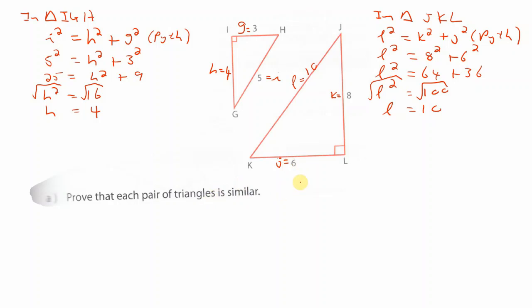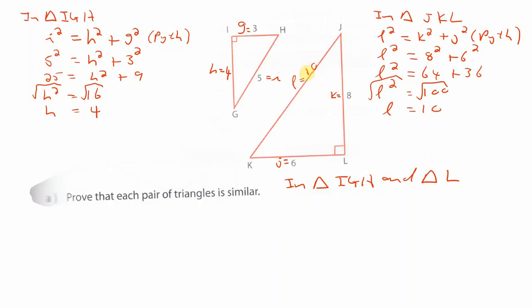So now that we have all the applicable sides, we can say in triangle... Okay, now let's just get the order correct. Okay, let's start with IGH. In triangle IGH and triangle... Okay, so I is the 90 degrees, so we need L here that is the 90 degrees. Now let's just see what proportions we can see.